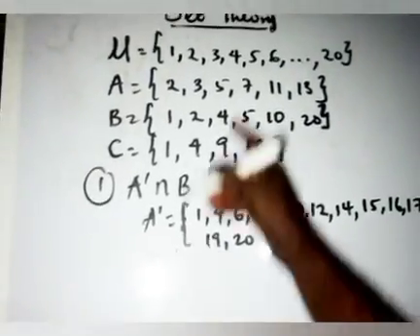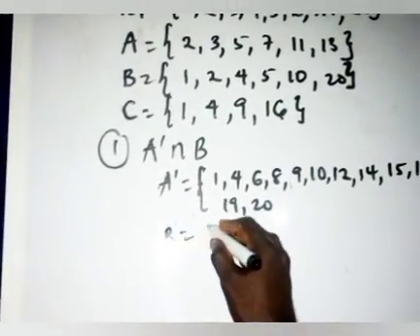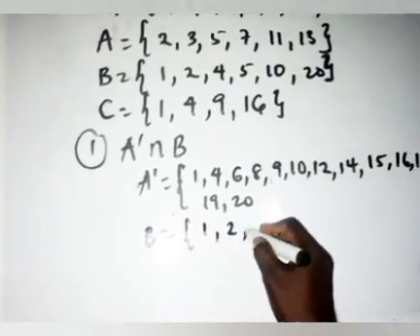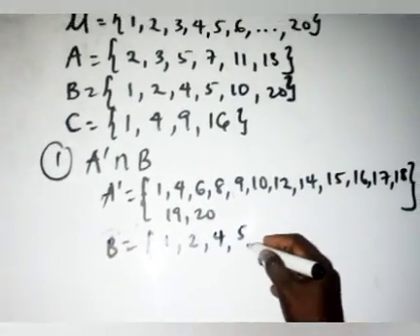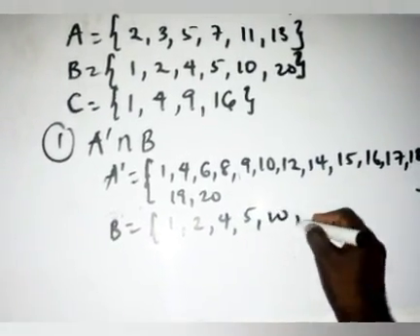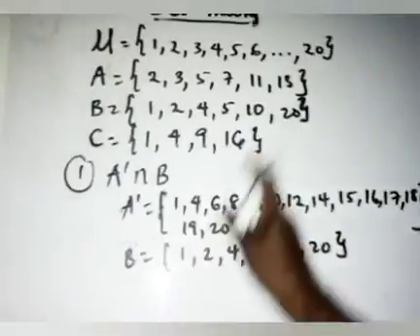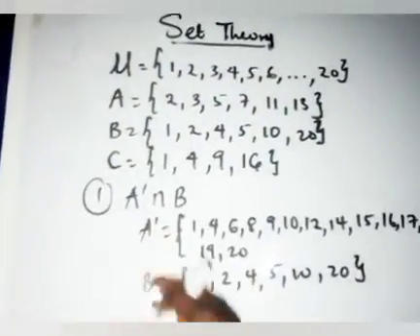Then our B from the question includes 1, 2, 4, 5, 10, and 20. And what do we have between them? Intersection.